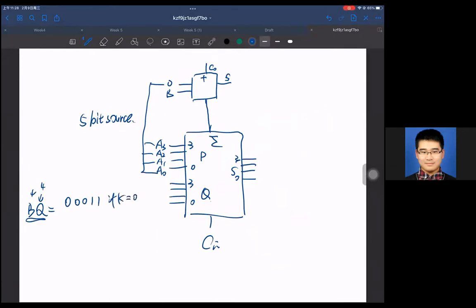So we +3 if k equals 0. In other cases, what is -3? We need to subtract 3 from the original source code, which is 1, 1, 1, 0, 1. Does it make sense?